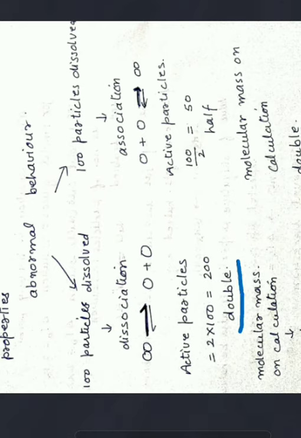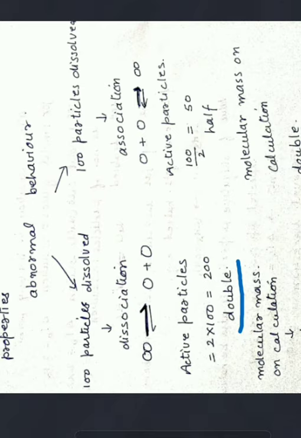So we have dissolved 100 particles and active particles are 200 now, because each particle has divided into two. So our colligative properties are the properties which are affected by number of particles and not by mass of the solute or molar mass of the solute.